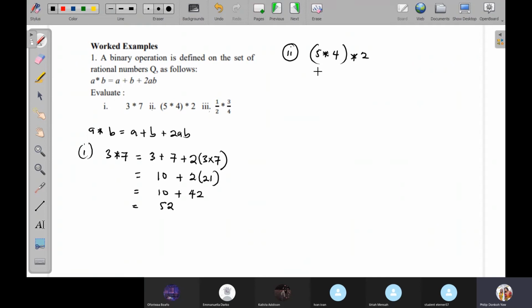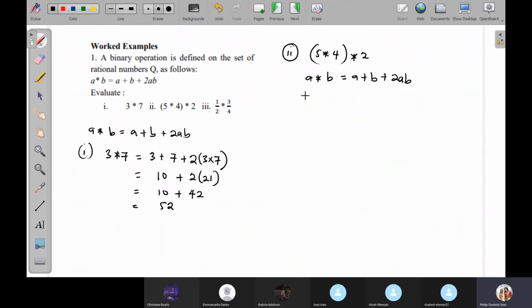In this case, it is better to use the idea of BODMAS by working with the one in the bracket first. We are still using the same rule, A star B equal to A plus B plus 2AB.